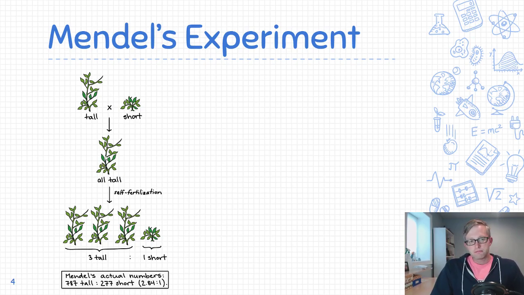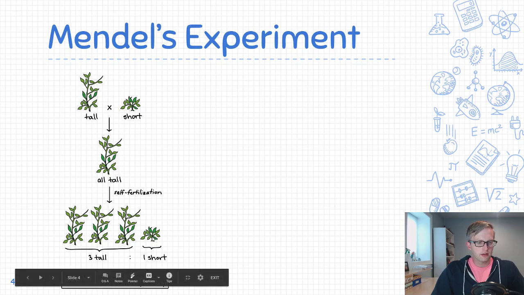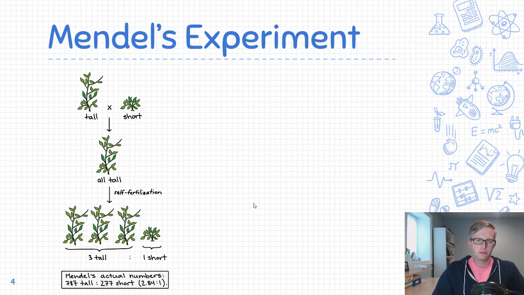Now, that doesn't seem like a particularly interesting thing, but the really interesting part of this was when he then took those all tall plants and allowed them to self-fertilize. So pollen and egg from the same plant. What he found was that suddenly some of the next generation produced short plants.